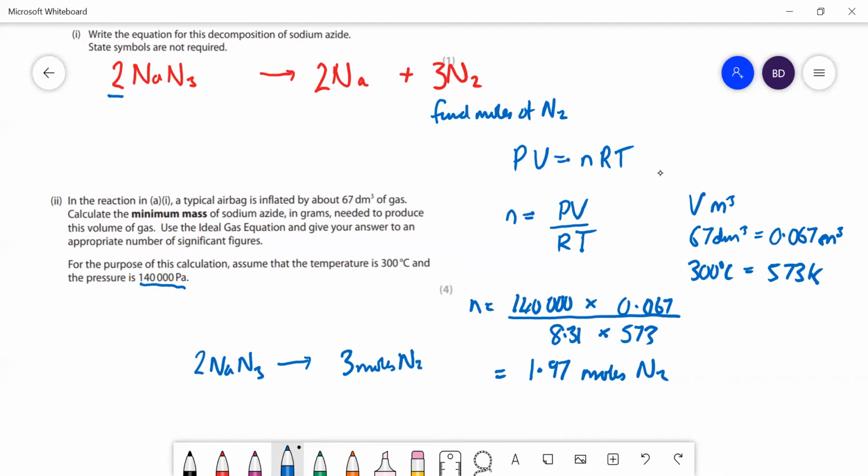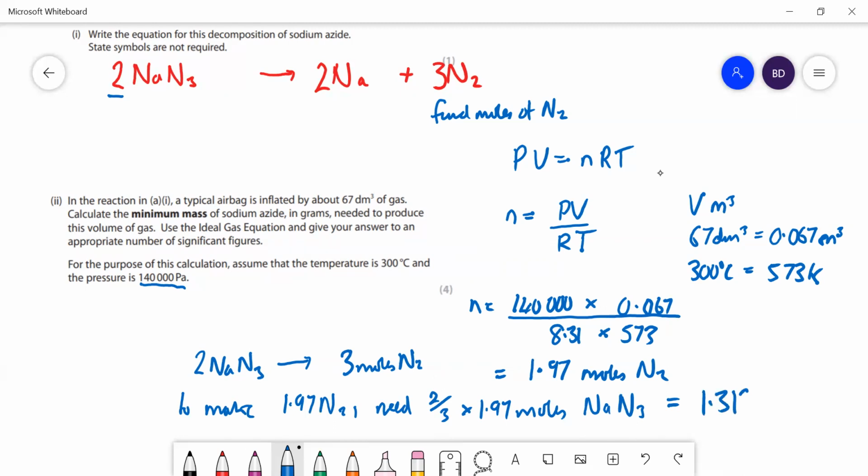So that means to make 1.97 moles of nitrogen, we need 2/3 times 1.97 moles of sodium azide. Okay, that is equal to 1.313 moles of sodium azide.